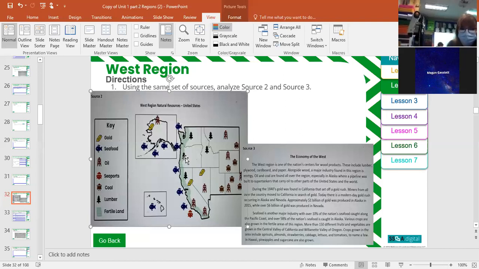So they're saying there's a lot of crops grown in the West, 150 different fruits and vegetables, and also in Hawaii, pineapples and sugarcane. And then Hawaii also, all of the pineapples that we get, if you get cans of pineapples, look on the back of the can, it's grown in Hawaii.